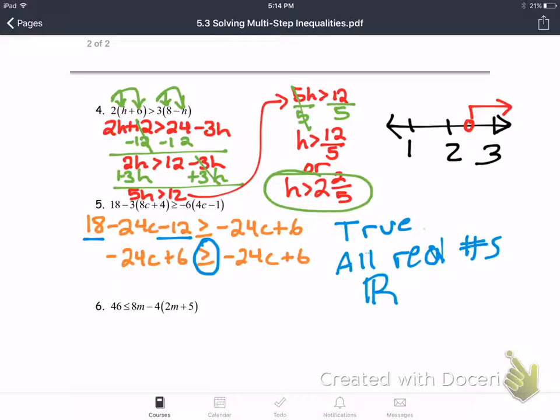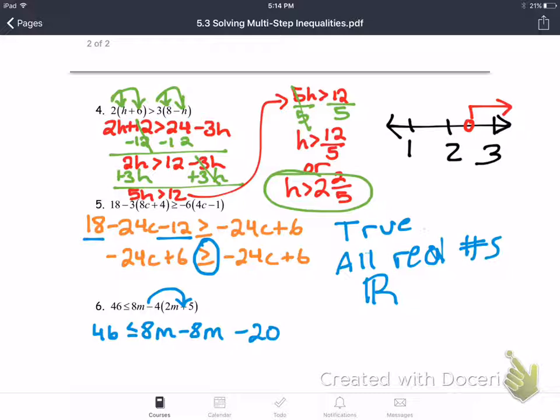Now, if we try number 6, we'll notice something that's kind of different, so maybe we'll do this one together. You have 46 is less than or equal to 8m minus 8m minus 20. Be careful that the negative also gets distributed to the plus.